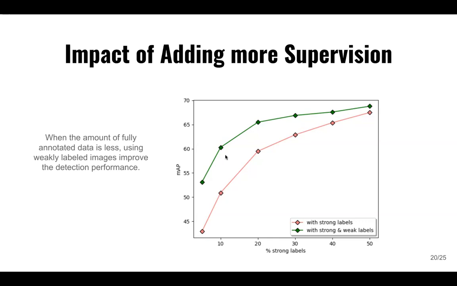And in the green, we have the results when we use the labeled samples and the remaining as weak labels. As you can see, the generalization improves when we use weakly labeled images, and it generally shows a 10 to 20% improvement in the beginning, and as more and more strongly labeled images come in, the gap reduces, which is normal.